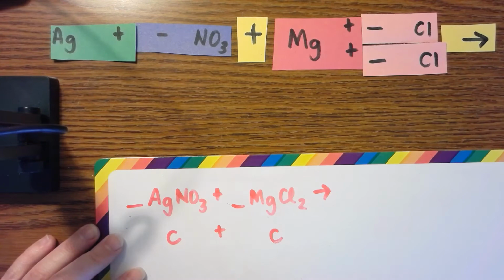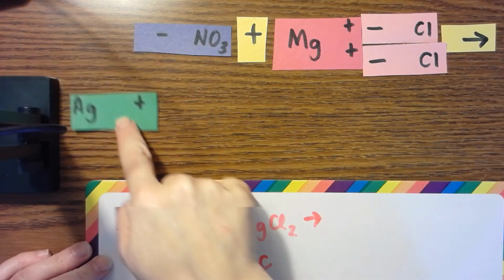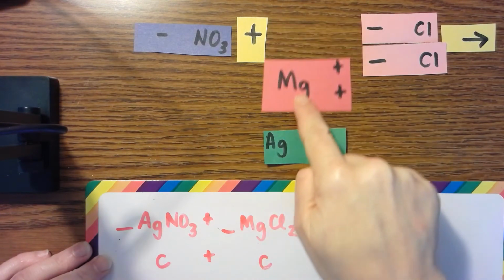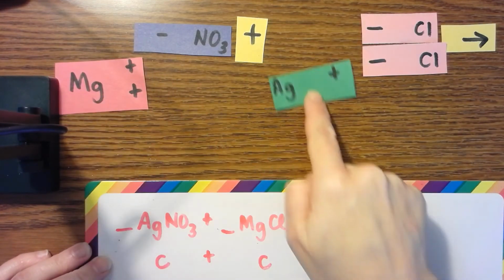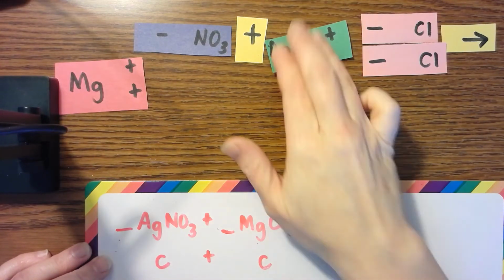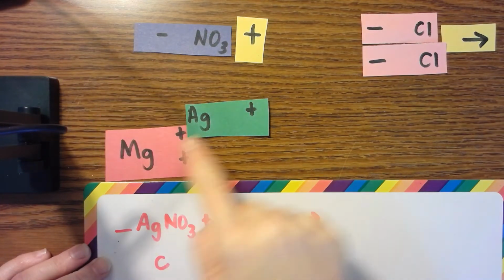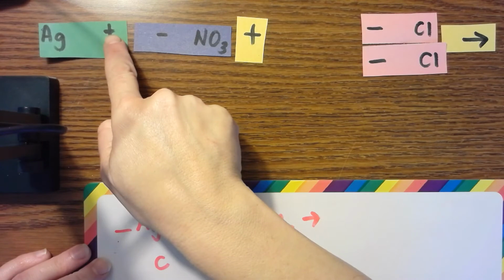And what are we going to make for our products? Well, we have to switch the partners. So that means the positive things are going to switch places. And it has to be just the positive and the positive switching places, because you can't put 2 positive things together on the product side and expect them to make a compound. You have to have a positive and a negative.